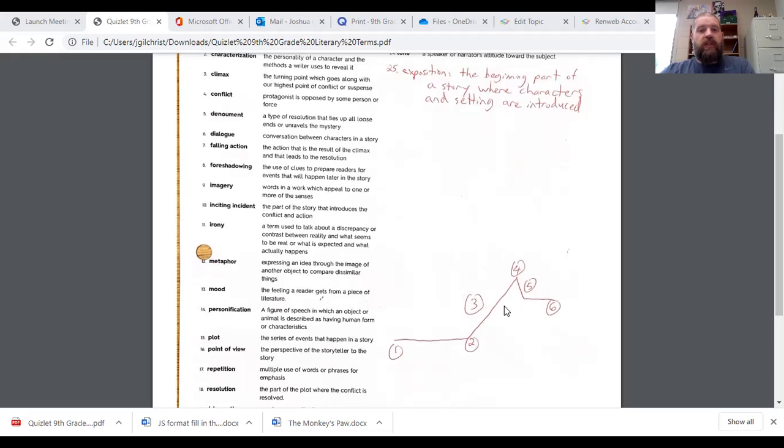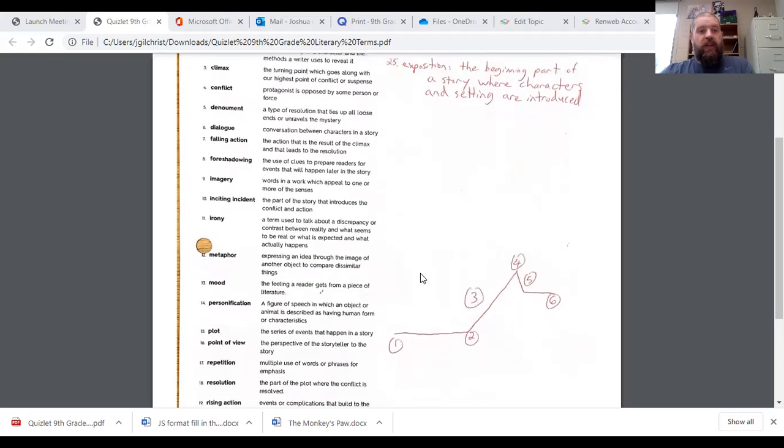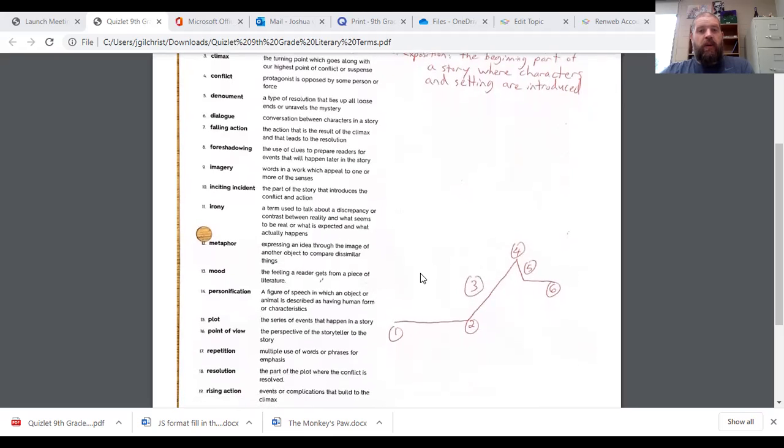Number 3, the story starts to build. 3 and 5 are kind of opposites. Well, number 3 is just the rising action. It's events or complications that build to number 4, which is the climax, the high point of intensity, the snap in Avengers Infinity War, the I Am Your Father of The Empire Strikes Back.